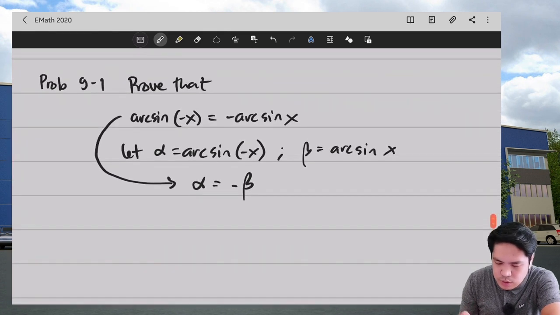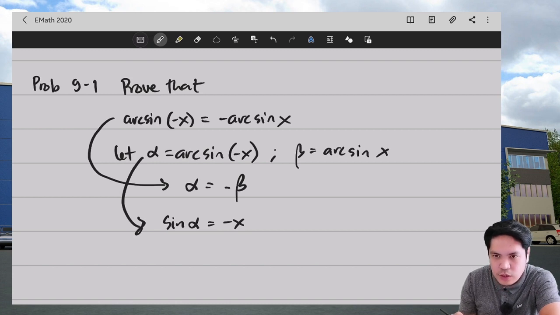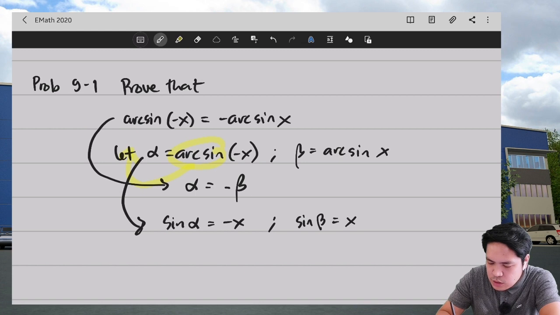Medyo madali lang naman. So if we rewrite this, that would become sine alpha, that's equal to negative x, right? Okay, kasi inverse siya, binalik lang natin, nilipat lang sa kabila. So yung arcsine, paglipat niya, sine na siya. Then we do the same sa beta, so that means sine beta is equal to x.